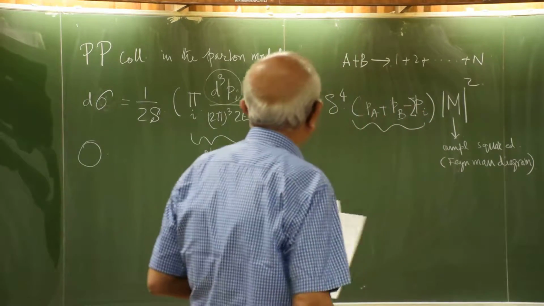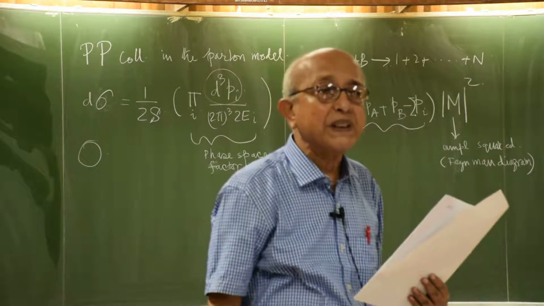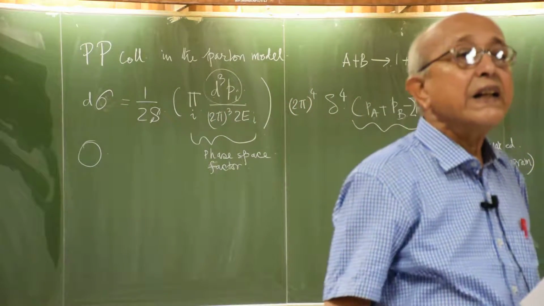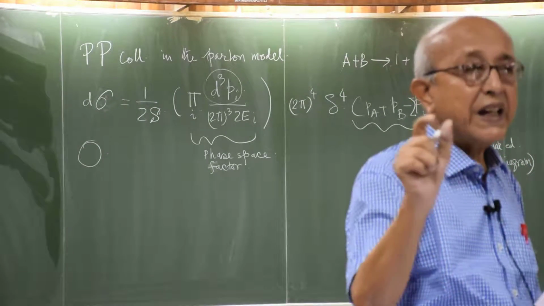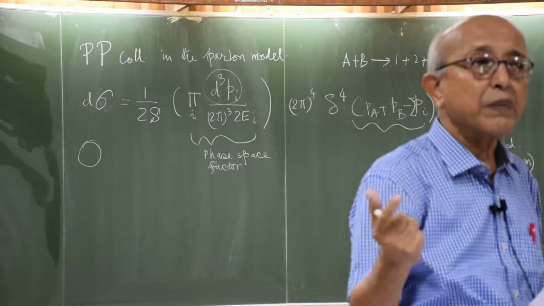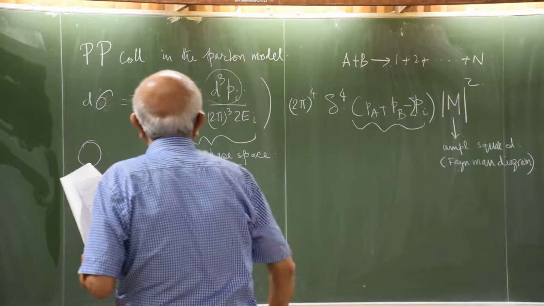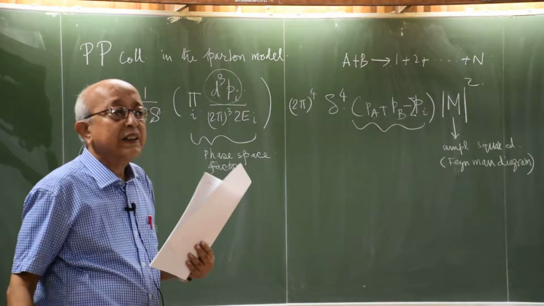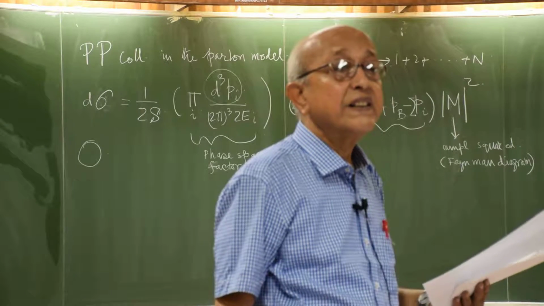Or in other words, if you look upon this d3p as dpx, dpy, dpz, then the particle has a momentum px between px and px plus dpx. Similarly, py is between py and py plus dpy. So if this factor is large, then it simply means that there are many possible final states.